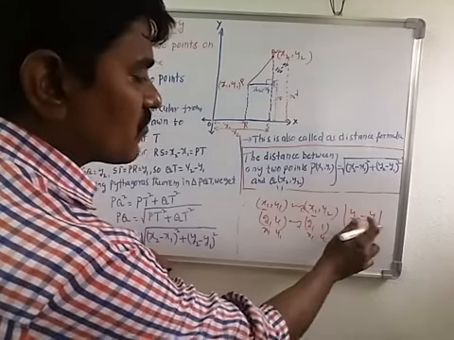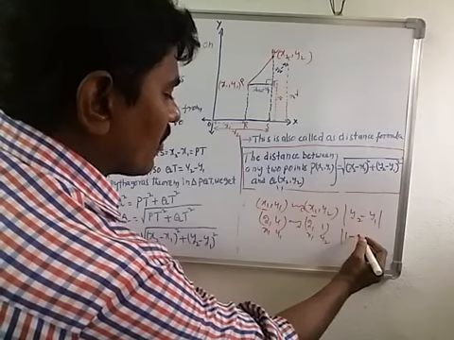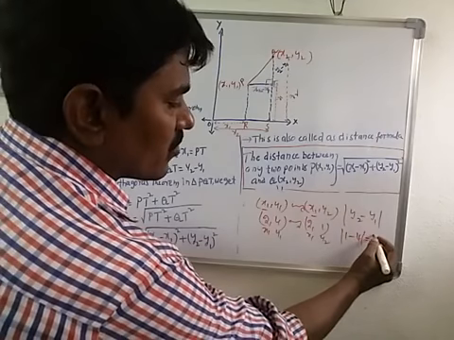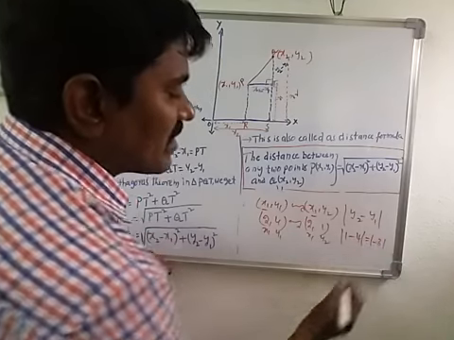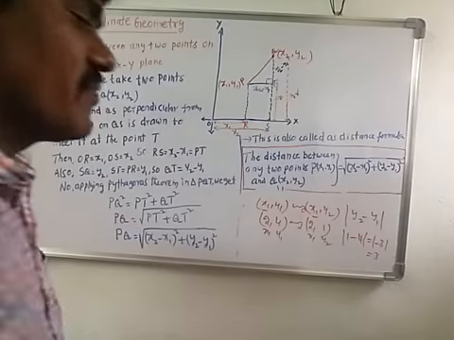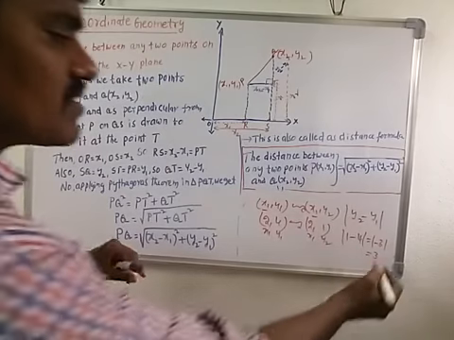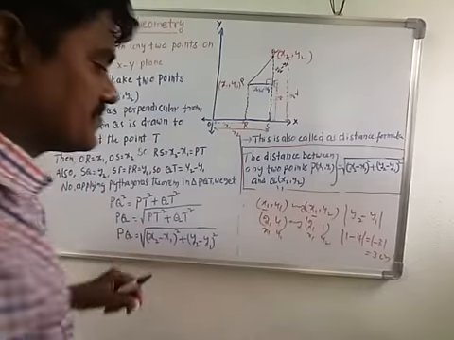That is the modulus of y2 minus y1, so modulus of 1 minus 4, that is equal to modulus of minus 3. What is the absolute value of minus 3? That is plus 3. The absolute value of any integer is a positive number. So that is 3 units.